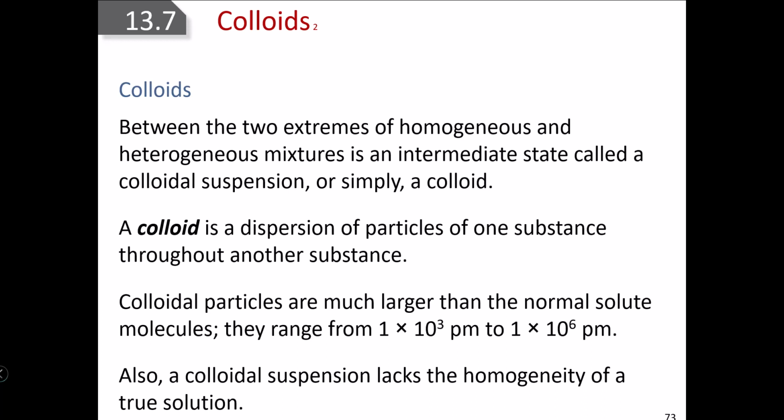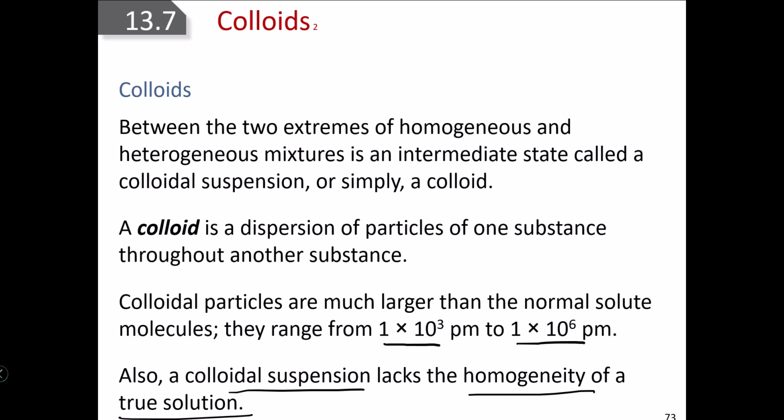So generally, colloidal particles are in the range of 1 times 10 to the third picometers to 1 times 10 to the sixth picometers. So these are things you're not going to see, but when you shine the light through it, you will see that scattering. So a colloid suspension lacks the homogeneity of a true solution.